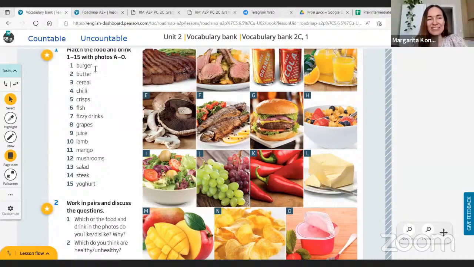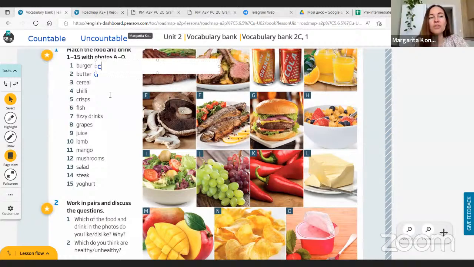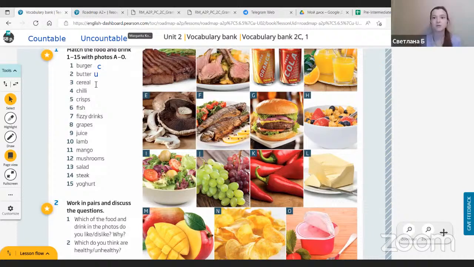Uncountable. Good. Oh, sorry, it was burger the first. Butter is uncountable, and burger? Burger. Countable. Yes, 1, 2, 3, 5 burgers. Cereal. No, uncountable. Very good. Chili. Yes, uncountable.